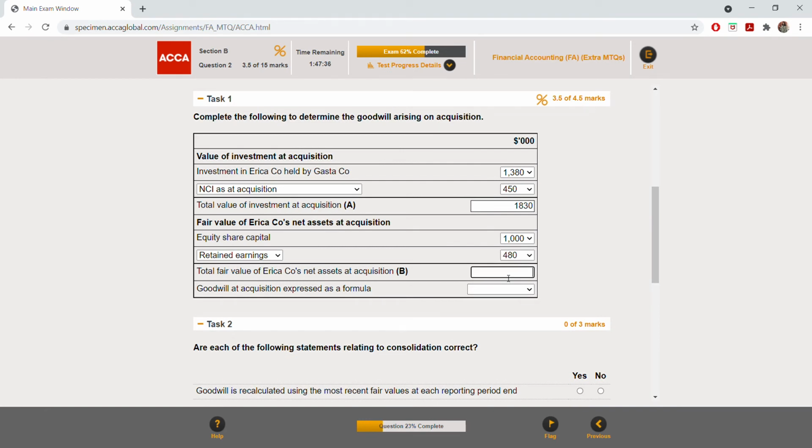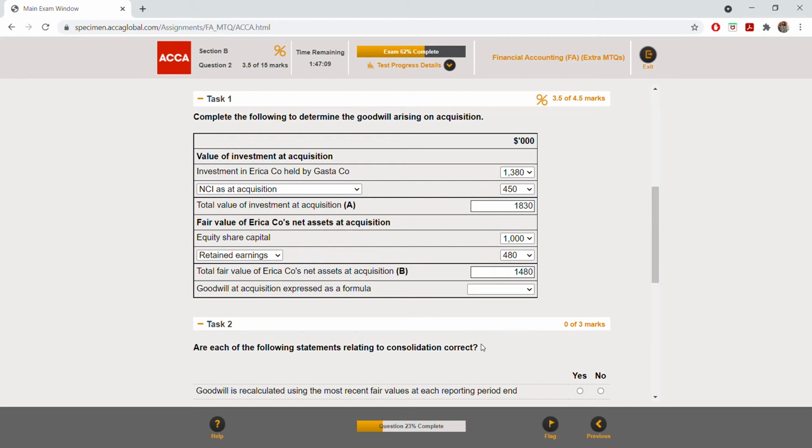Next, the total fair value of Erica's net assets at acquisition. This you have to type. It will be 1480. Goodwill at acquisition expressed as a formula. As a formula now. You are always taking 100%, not 75%. So definitely it will be one of these two.